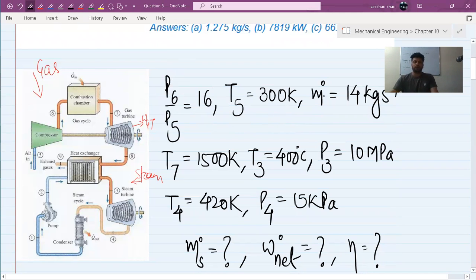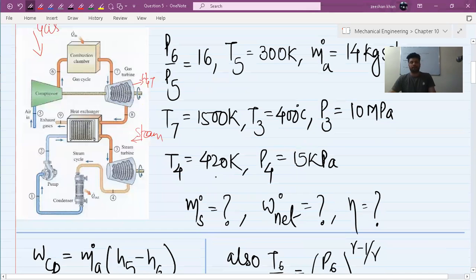The mass flow rate of the air is given to be 14 kilogram per second. The temperature at exit of the combustion chamber is 1500 Kelvin. Temperature at the inlet of the steam turbine was given to be 400 degrees centigrade. The pressure P3 at which the steam turbine operates is 10 megapascal.